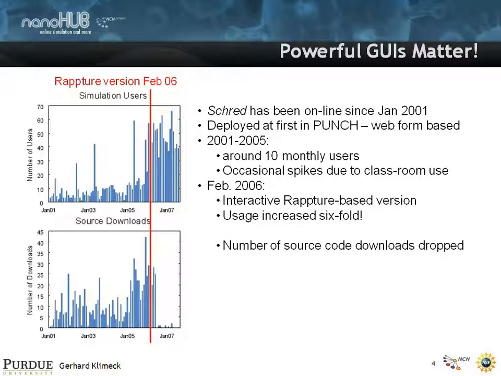And what's even more striking is we had before about 10 people downloading the source every month because they said, well, let me just try to download it and install it myself. You could still download it after the Rappture version was there, but people weren't that interested anymore in downloading the source and installing it and maintaining it and compiling it and figuring out how to use it.